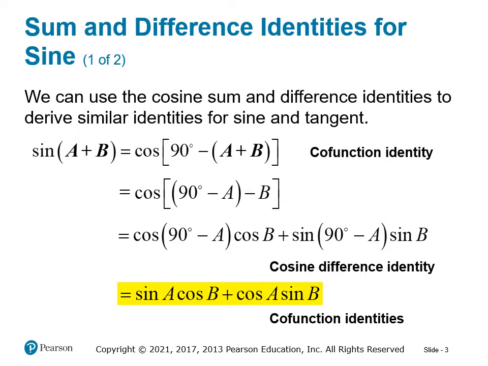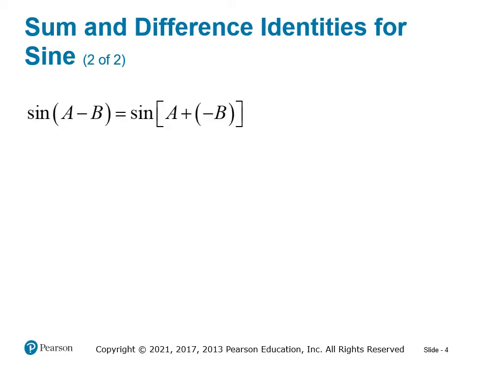So unlike cosine, where the functions are the same, cosine cosine plus sine sine, the sine of a plus b is the sine of the first angle, cosine of the second, plus, and then flip the functions, cosine of the first and sine of the second.